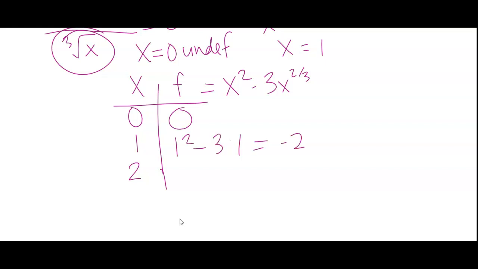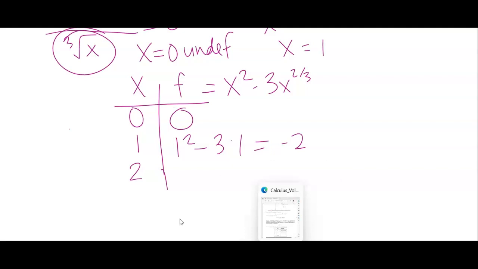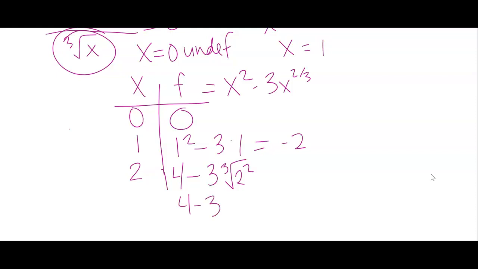So I get negative 2. And then let's plug in 2. So I'm going to have 4 minus 3 times the cube root of 2 squared. So 4 minus 3 times the cube root of 4.